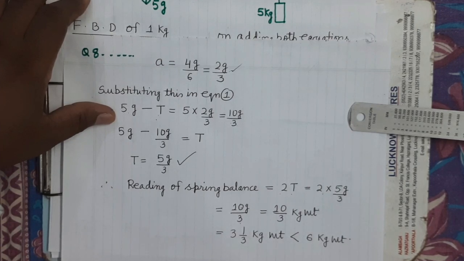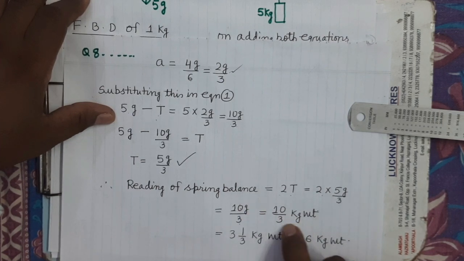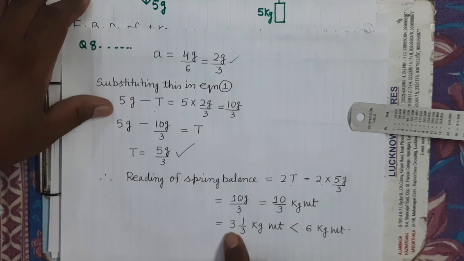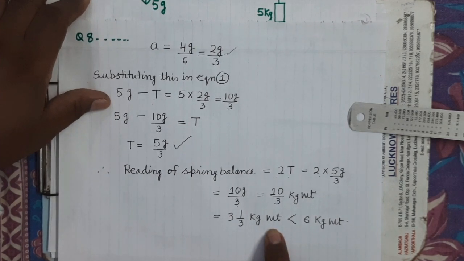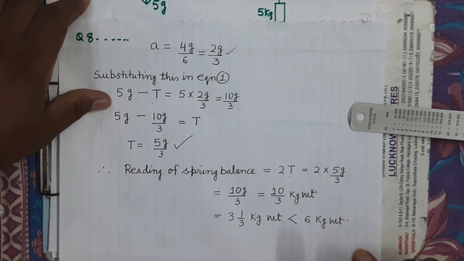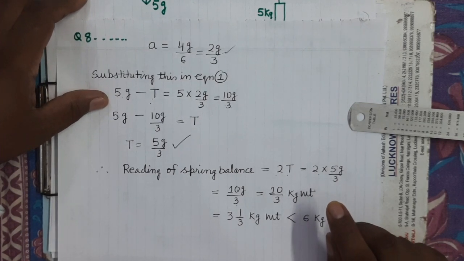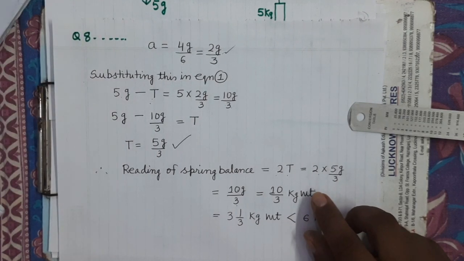It is clear? So it will be 10 upon 3, removing the g, 10 upon 3 kilogram weight, that is 3 whole 1 upon 3 kilogram weight. It means it is less than 6 kg weight. So I think you have understood this question.